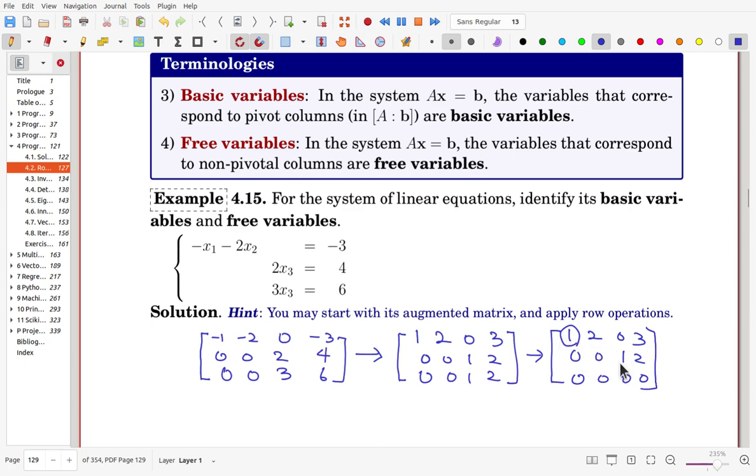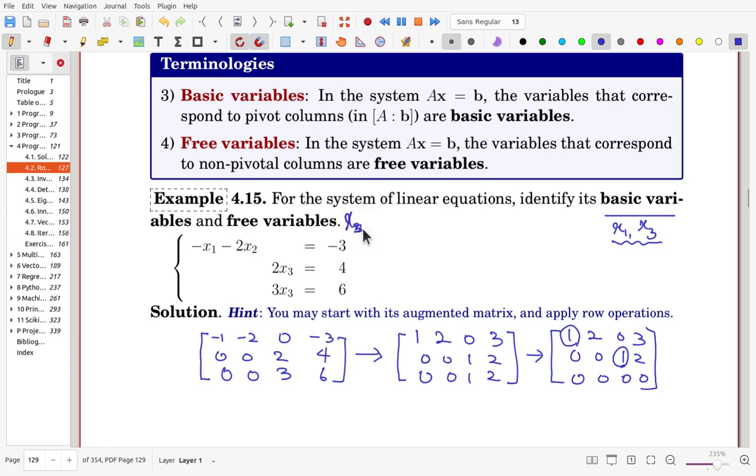This is a leading one and this is a leading one, so we already know that the basic variables are x1 and x3, the variables corresponding to the pivot columns, and the free variable is x2.